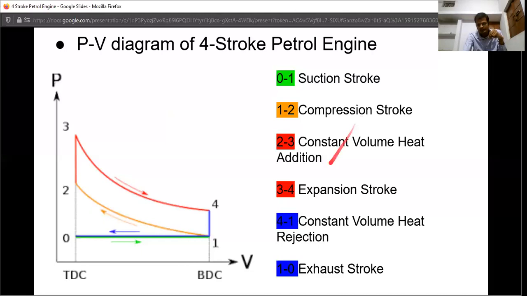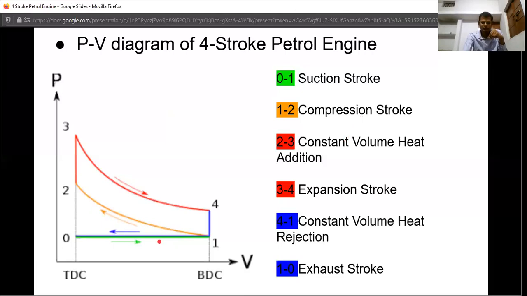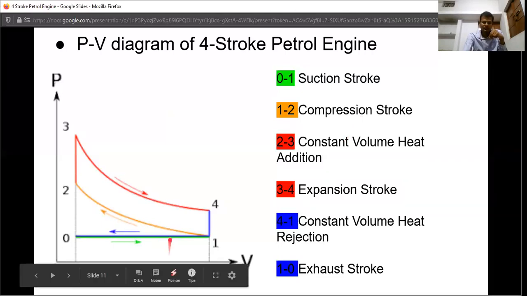As you can see, from point 1 to 2, pressure is slightly increasing, and so is temperature. However, no heat is exchanged. In terms of thermodynamics, this is referred to as an adiabatic process. An adiabatic process means there is no exchange of heat between system and surroundings.